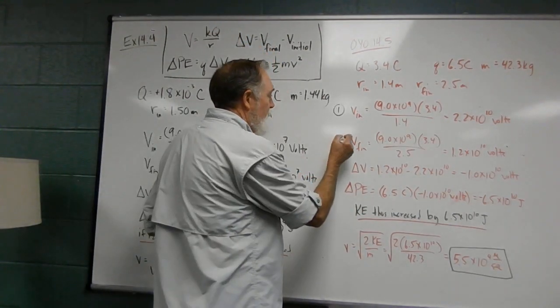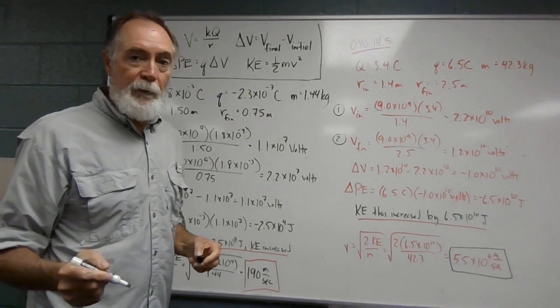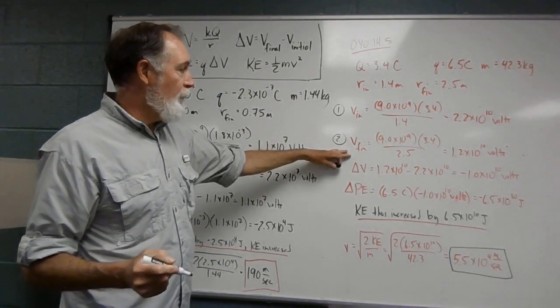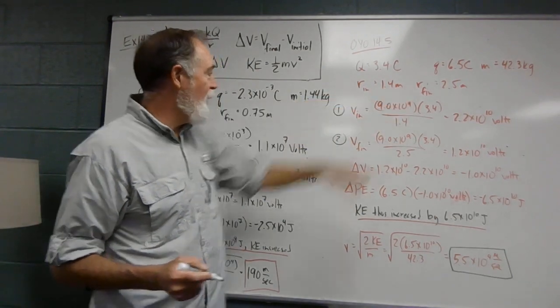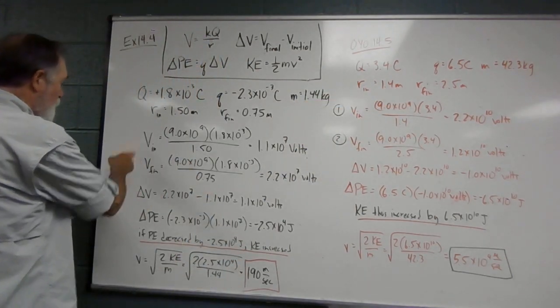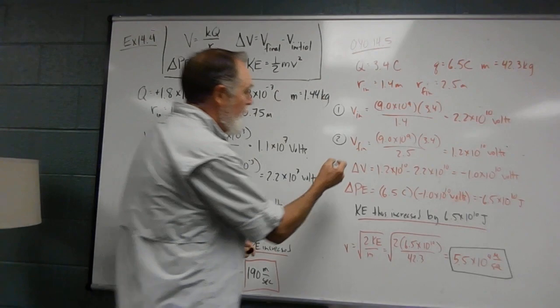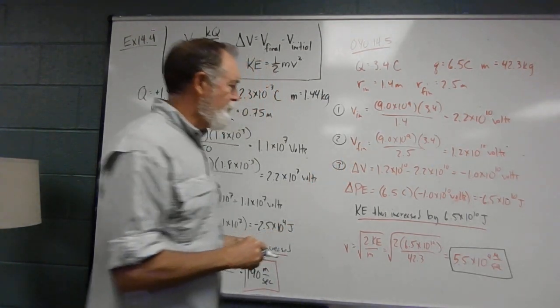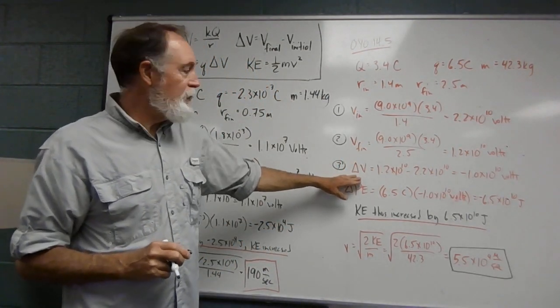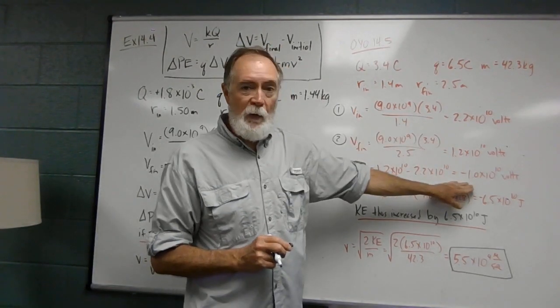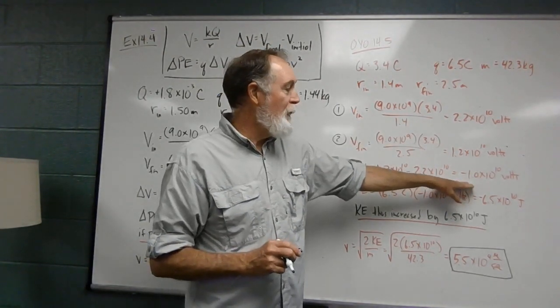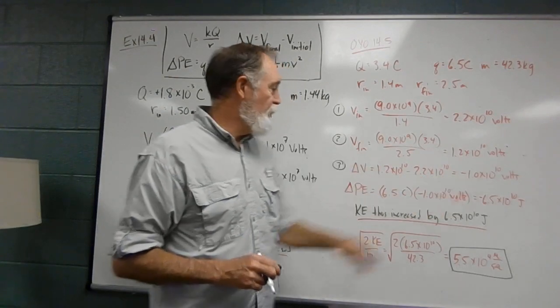Then we calculate the final voltage. So there it is. At 2.5 meters, same thing we did here, 1, 2. The third thing that we're going to calculate then is the change in voltage. So it's the final minus the initial. So notice that we have negative 1 times 10 to the 10th volts.